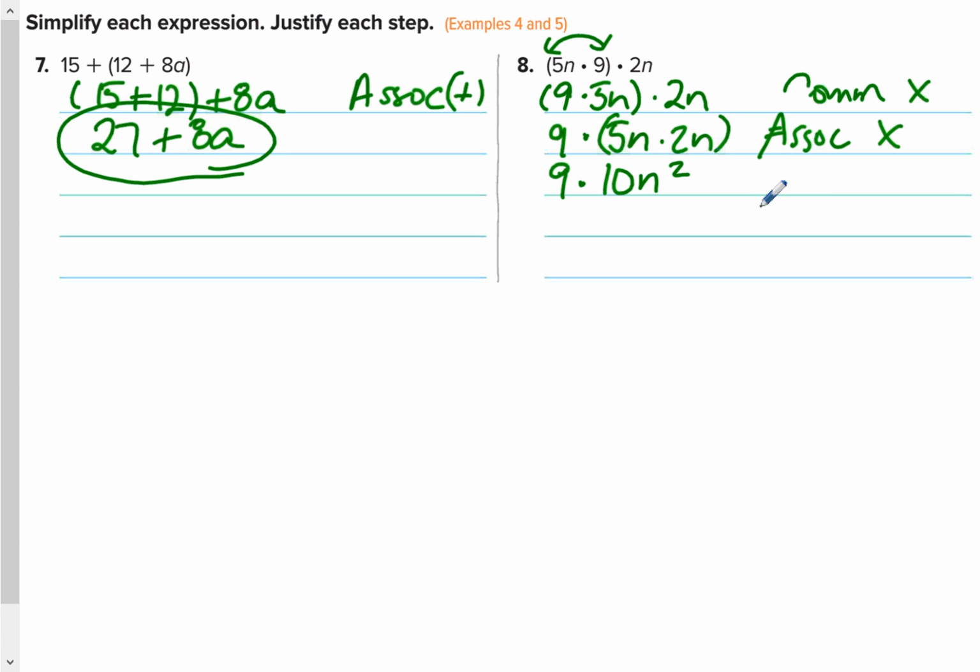And then since this is multiplication, I can use again my associative property of multiplication to group my numbers together. And so I got 90n squared as my final answer. All right, only 2 more, guys.